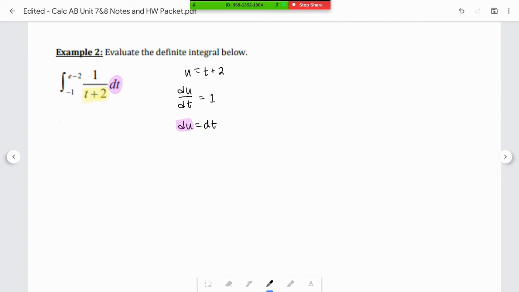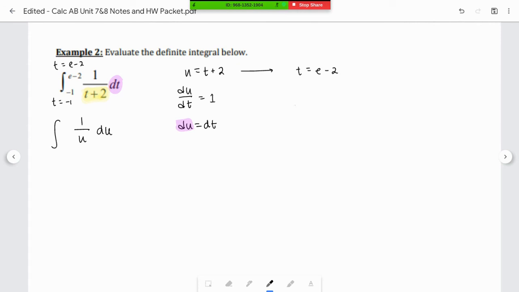That gives me then the integral of 1 over u du. And I have to change my bounds because right now my bounds are in terms of t. So I'm going to use this equation. I have for my upper bound, t is equal to e minus 2.